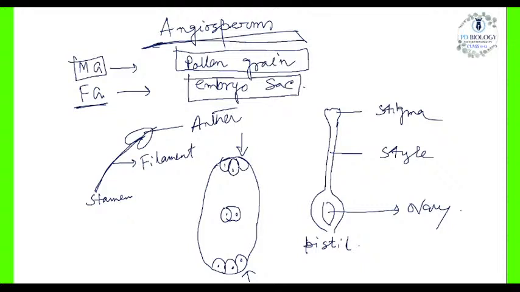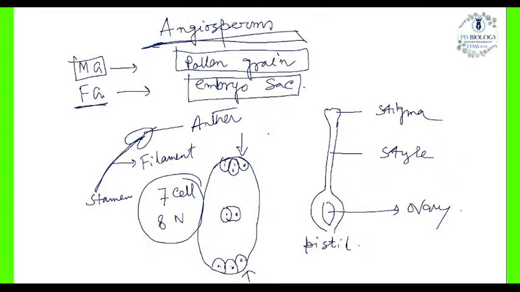So here you see 1, 2, 3, 4, 5, 6, 7: 7 cells but an 8 nucleated stage.